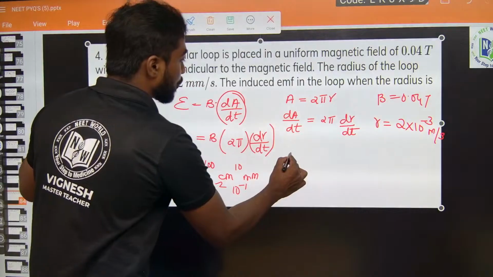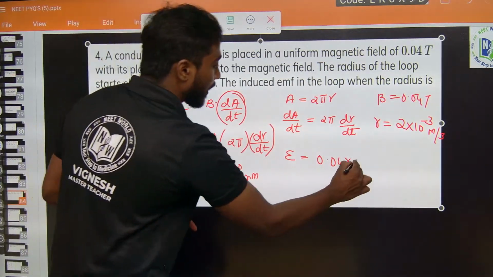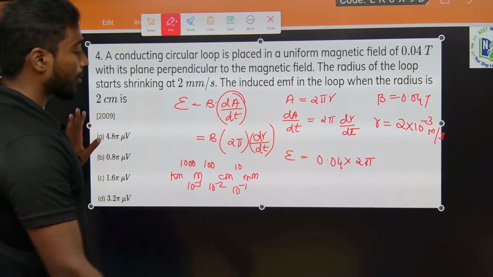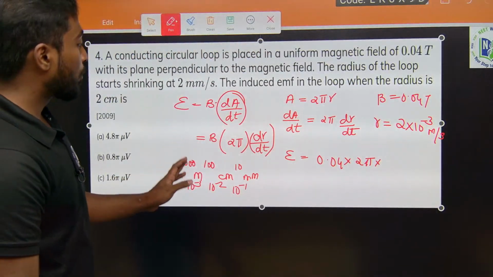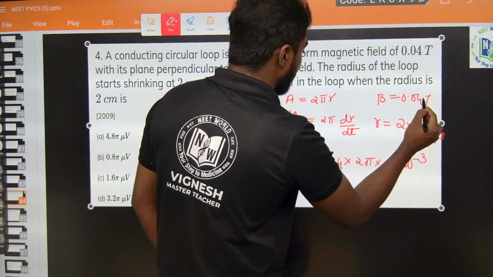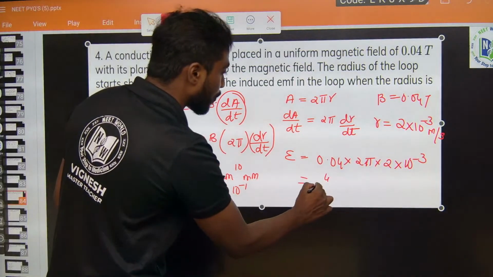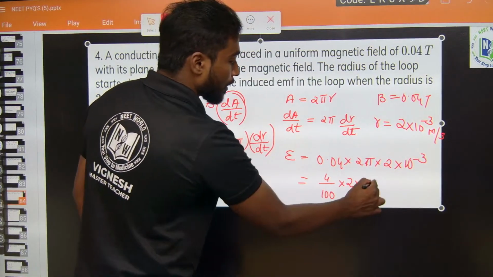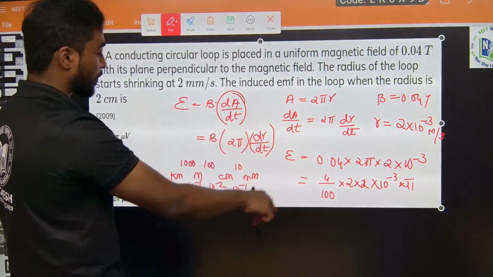So only the substitution. E is equal to B, which is 0.04, into 2 pi. I'll write 2 pi as it is, since pi is there in the answer also, so no need to substitute the value 3.14 or 22 by 7. Into 2 into 10 power minus 3, that's it. So this is 4 by 100 into 2 into 2 into 10 power minus 3 into pi. 2 2s are 4, 4 4s are 16.